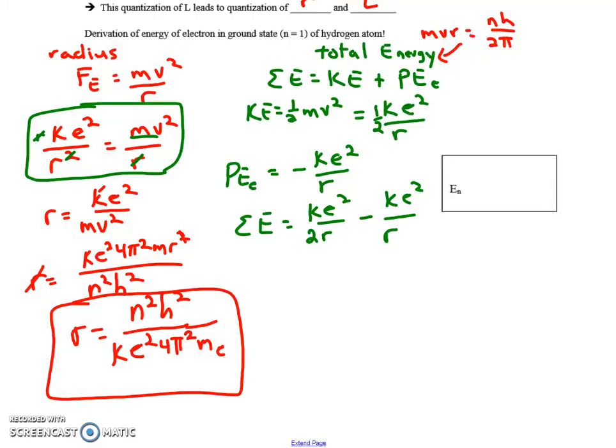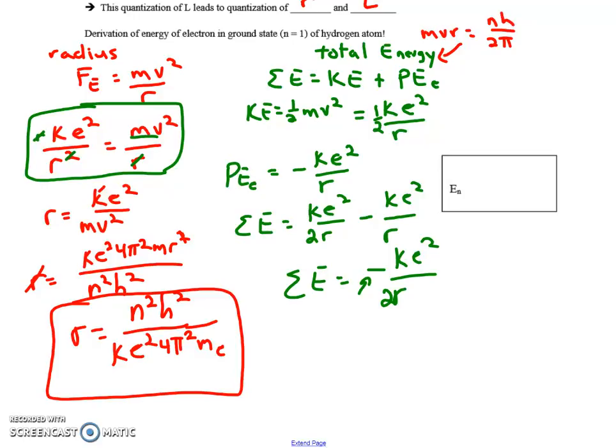Subtract them, and I get my total energy is equal to negative K E squared all over, oops, my bad, over 2R. That negative is important. Okay, that tells us that the total energy is negative, therefore the electron is bound to the atom. Something we already know, but here you can reproduce it.